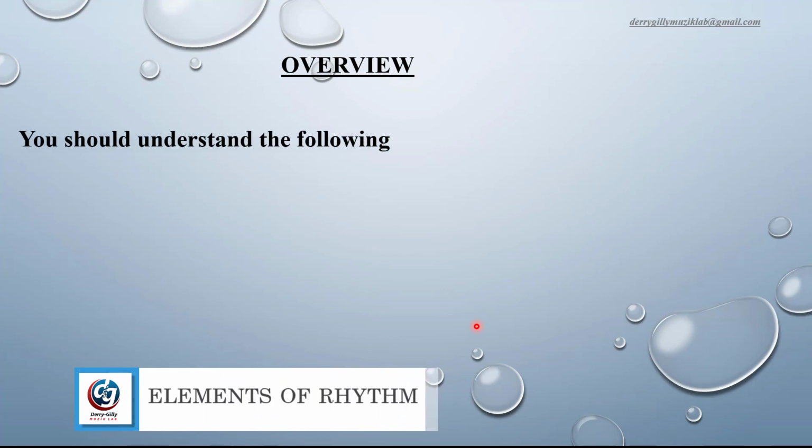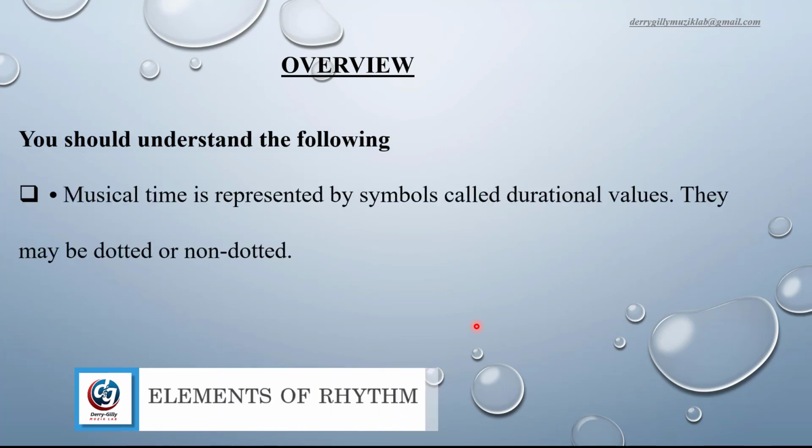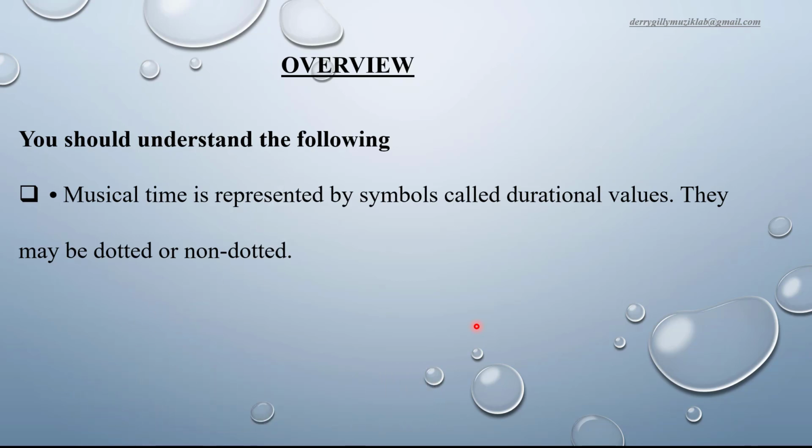You should understand the following: that musical time is represented by symbols called durational values. They may be dotted or non-dotted. So we discussed that musical time is represented by durational values, and then they can have a dot, and then they can also be non-dotted.